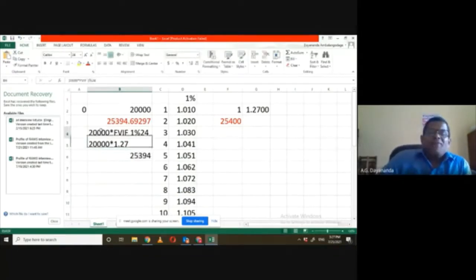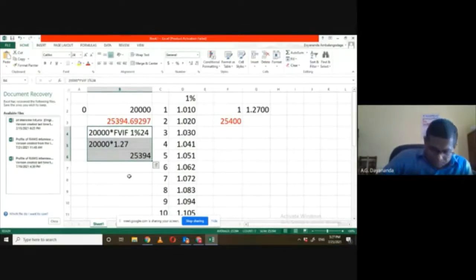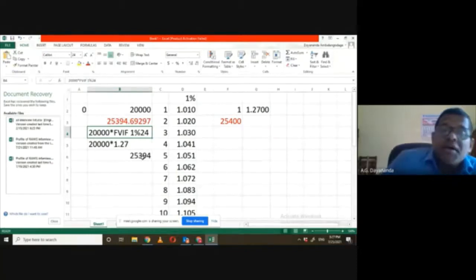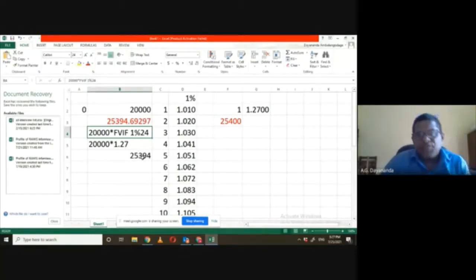But you can have the answer in another way also. Is it clear? But you have to have the tables. Or if you don't have the table, if you have the calculator, yes, you can do it. No problem. But you should have a scientific calculator.